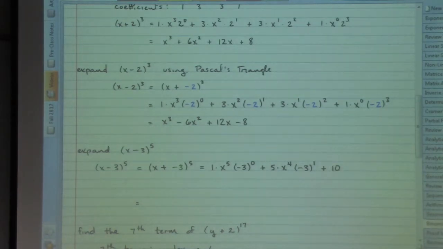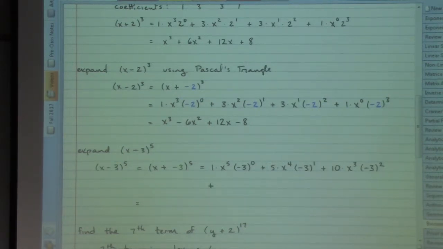The next coefficient was a 10. So that would mean that our x would now have a power of 3, and our negative 3 would have a power of 2. Let's go ahead and save that plus sign for the next step here.